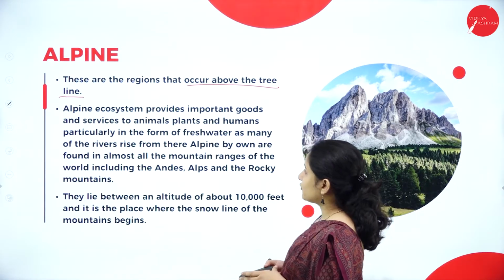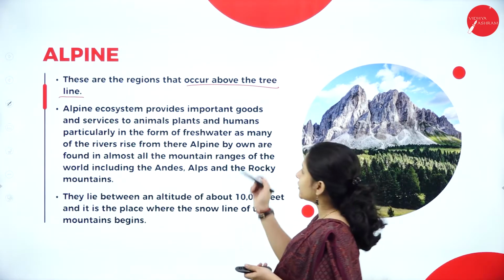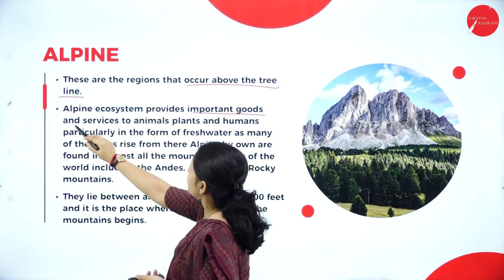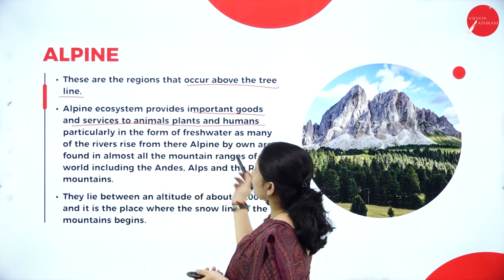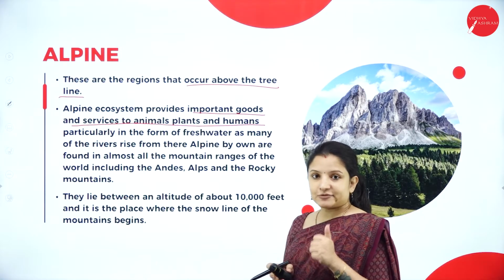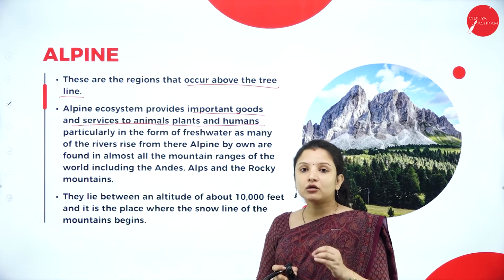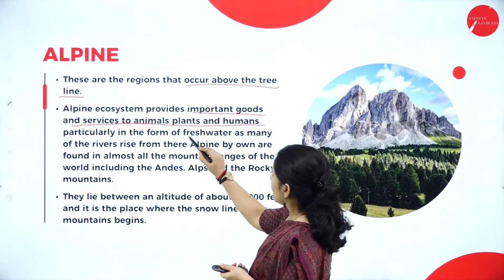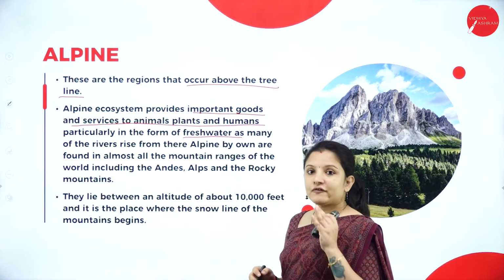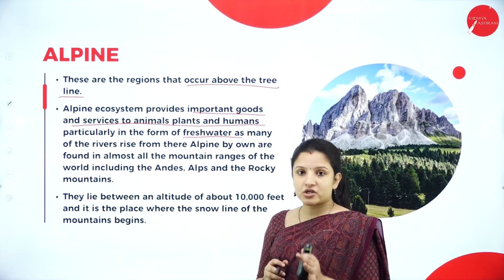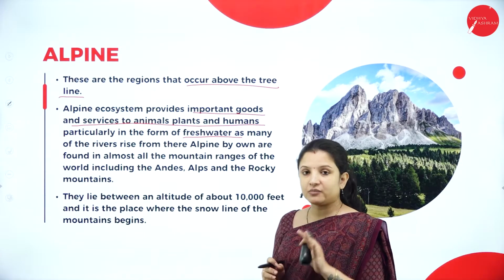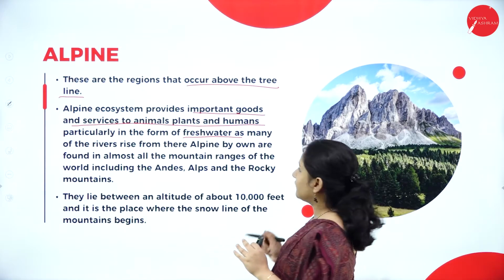The alpine ecosystem provides important goods and services to animals, plants, and also to human beings, especially because these areas contain a lot of fresh water, because many of the rivers are said to originate from the alpine region, as they are somewhat snow covered also.